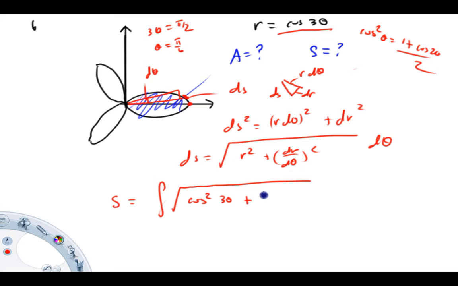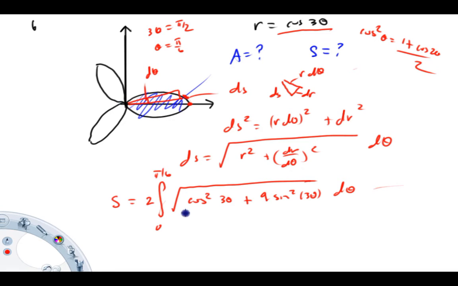I'm going to go ahead and just write that as 9 sine squared of 3 theta, d theta. And I'm just going to do the same thing. I'm going to run that integral 0 to pi over 6 and multiply it by 2 to get the bottom half. So this integral, if I've calculated everything, should calculate the arc length of one of these petals.